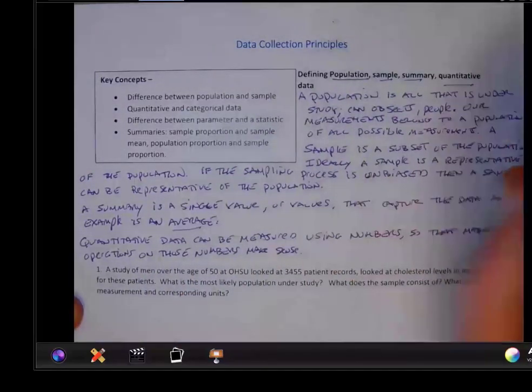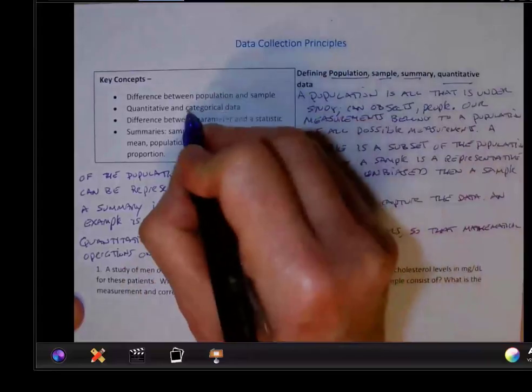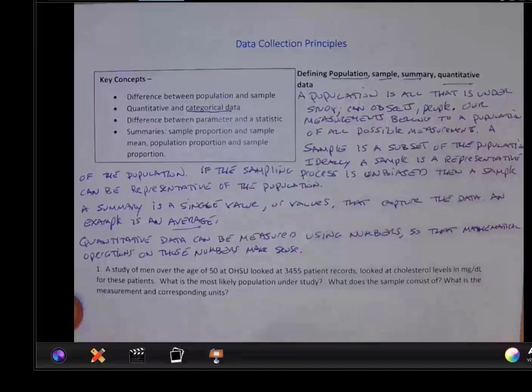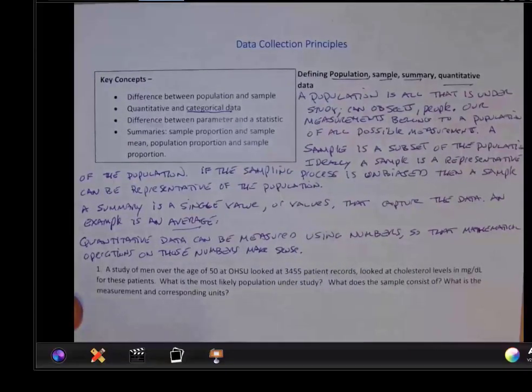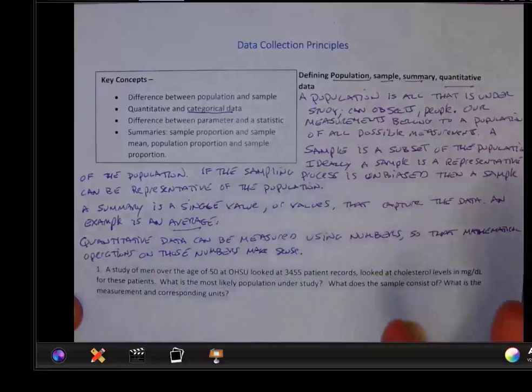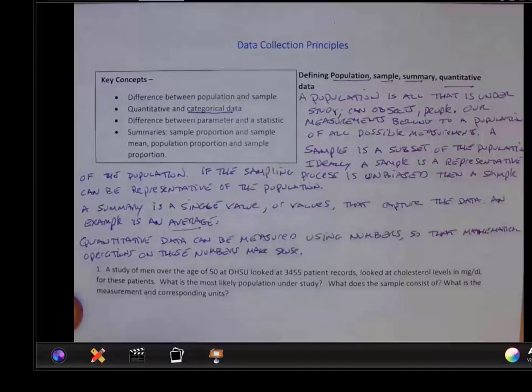There's another one here called categorical data. And what is categorical data? Well, categorical data is data where each value is a category. So a zip code is a form of a category. If you're looking at hair color, I can say it's brown or black or blonde or red or any other way we can describe hair color.